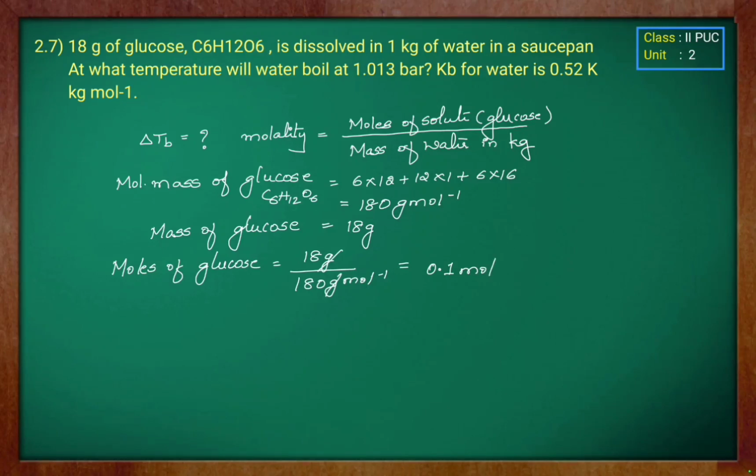Now we need the mass of water in kg. They have already told us we have 1 kg of water. So we can calculate molality. Molality m is equal to moles of solute, that is glucose, 0.1 mole, divided by mass of water in kg, that is 1 kg. And therefore, the molality is 0.1 mole per kg.